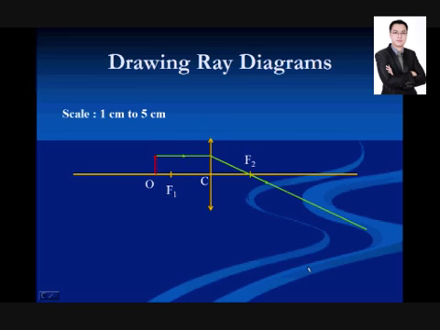The second ray will start from the tip of the object, and it will pass through the optical center without any deviation and will intersect the first ray, usually at one point on the other side of the lens. So this point is where the image of the object will be. So we can also now draw the image on the right side of the lens, indicated by the inverted red color arrow, and I label this as the image I.